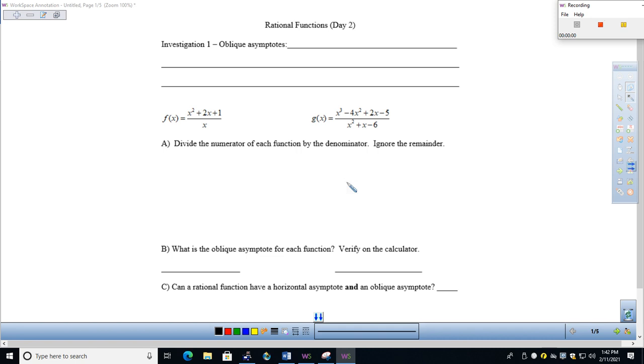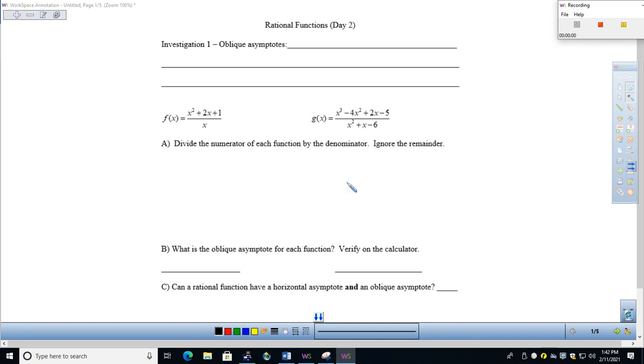And if I remember correctly, we ended with horizontal asymptotes in the day 1 lesson, which is a way to talk about the end behavior of rational functions, meaning as n gets infinitely large and infinitely small, the function values would get closer and closer to a particular value, and that value would be represented by the horizontal asymptote.